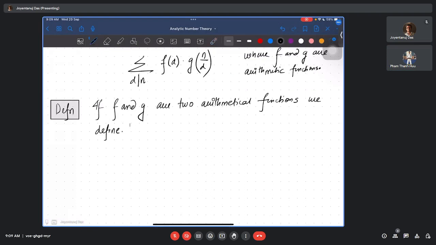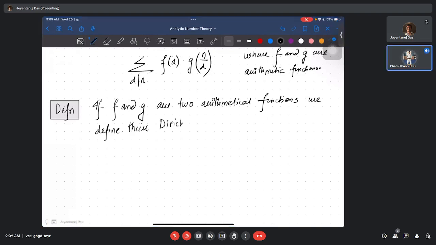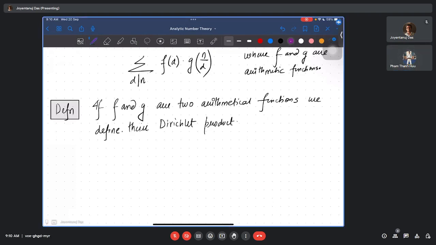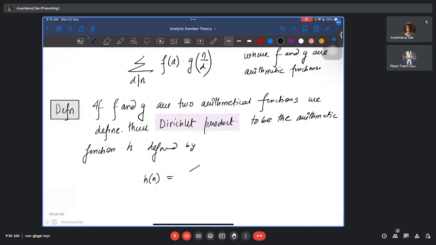Then we define their Dirichlet product, which will be another arithmetic function h defined by h of n is the summation over d dividing n of f of d times g of n by d.